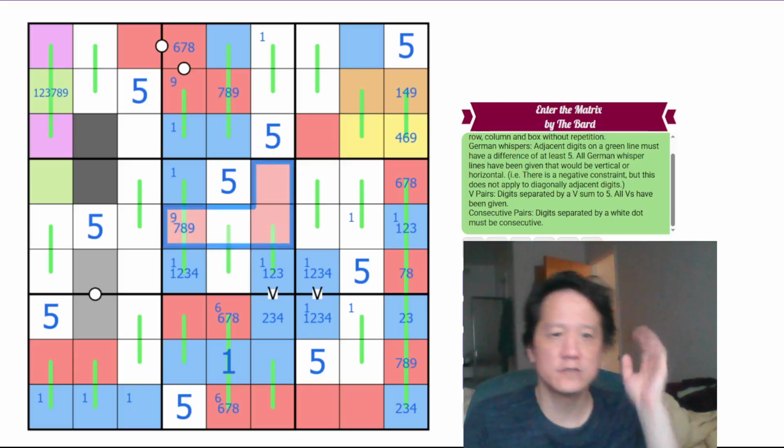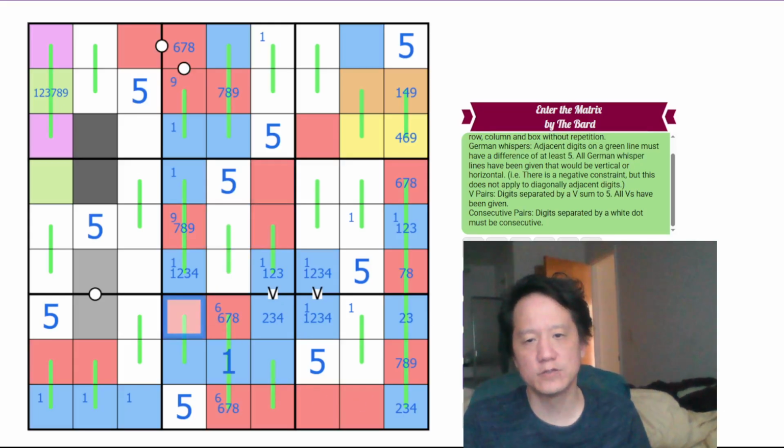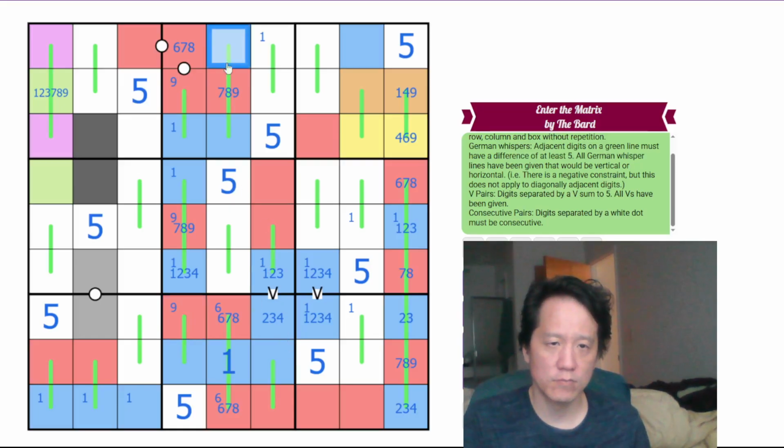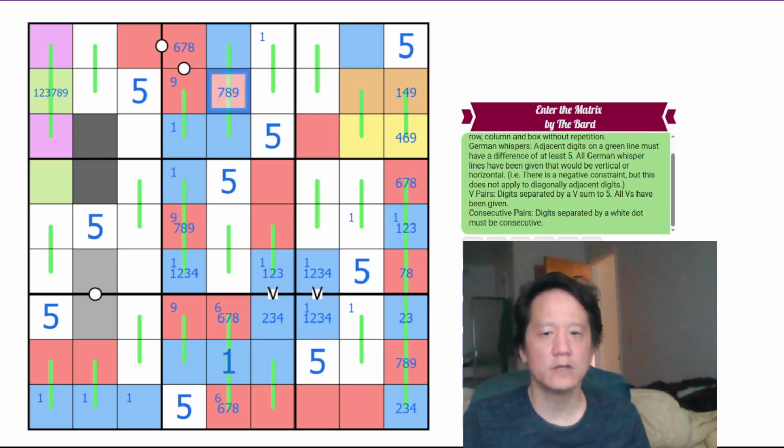In box. Well, this could be 9 too. In column 5, this could be 9, this could be 9.